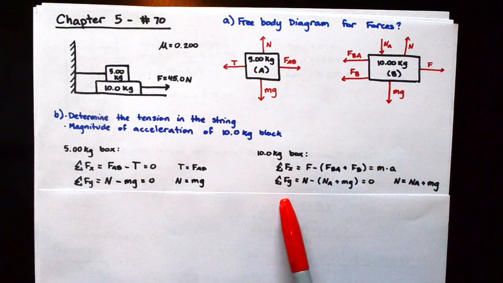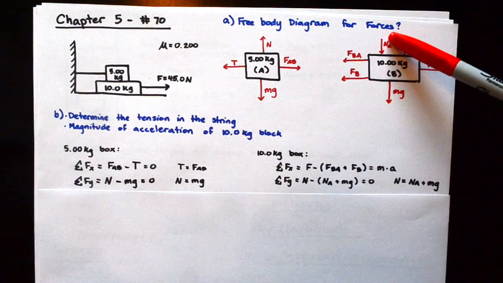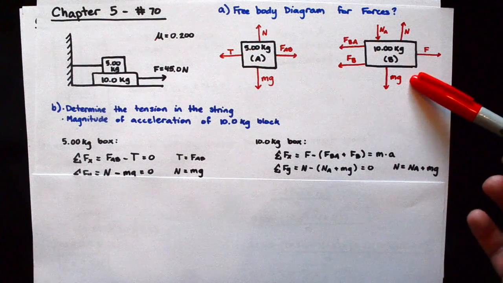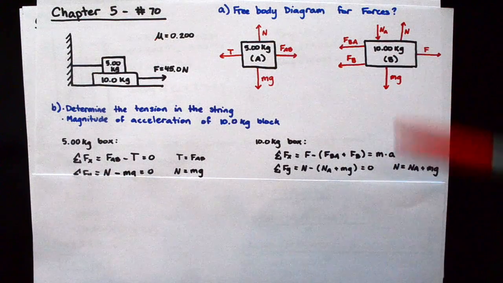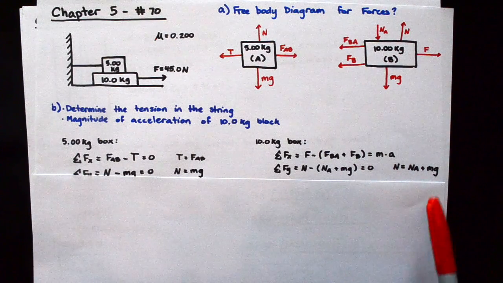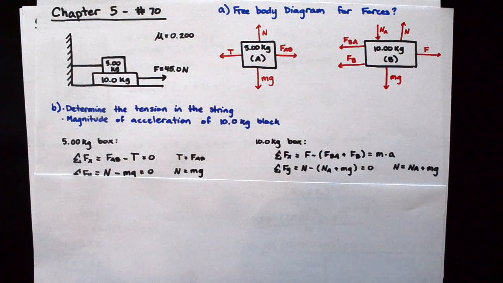And then in the y direction, it's your normal force minus the normal force from the A block plus the mass times gravity, which equals 0 because the block is not moving in the up and down direction. So the normal force is equal to the normal force of A plus the mass times gravity.